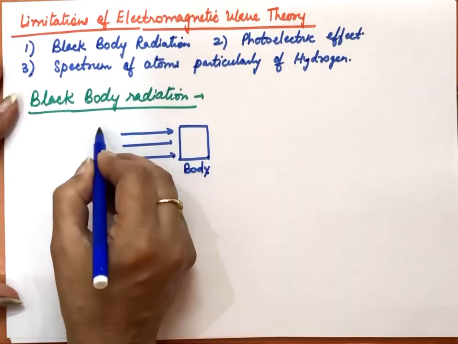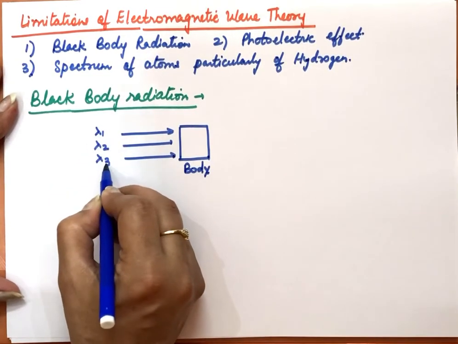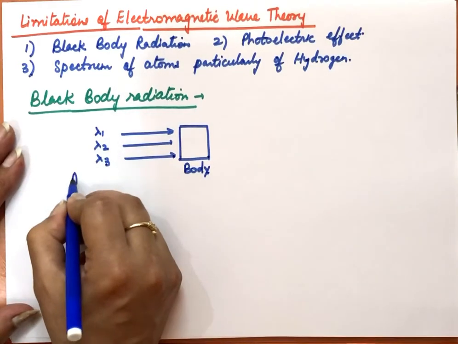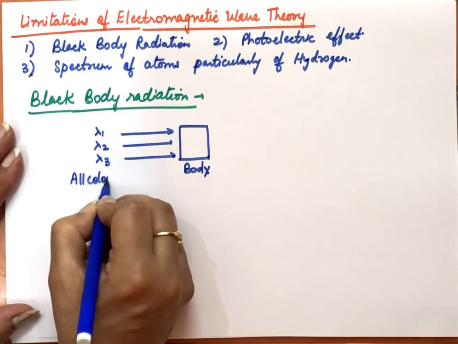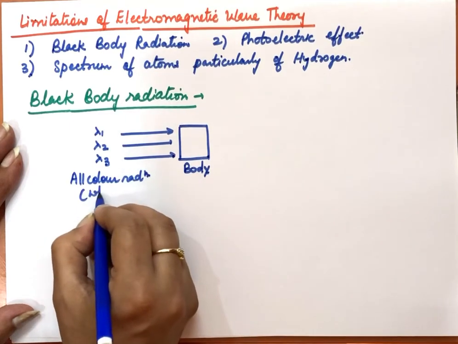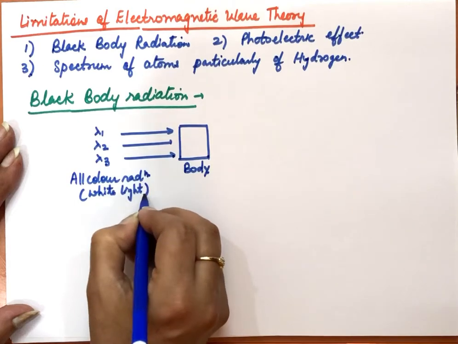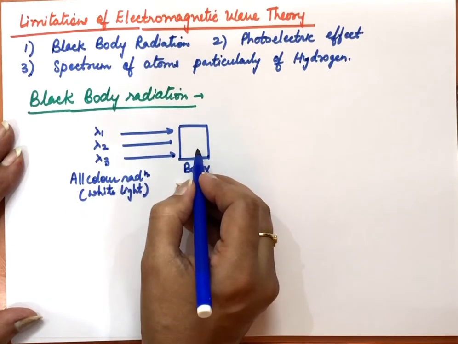White light will have all the color wavelengths in it, like lambda 1, lambda 2, lambda 3. I'm showing that all color radiations are falling on this body because we are taking a white light which is made up of 7 colors. So all wavelength radiations are falling on this body.